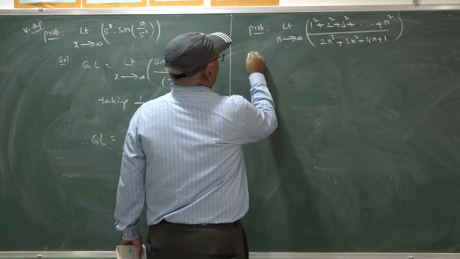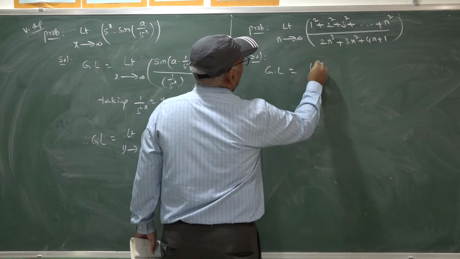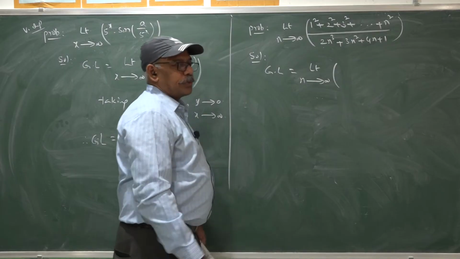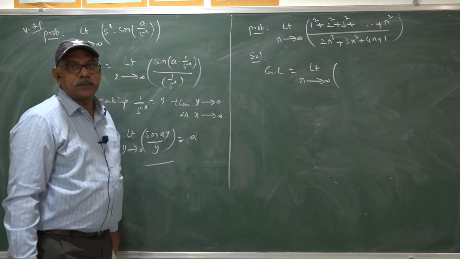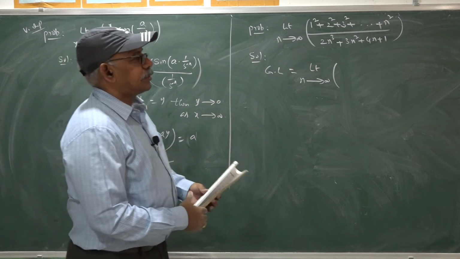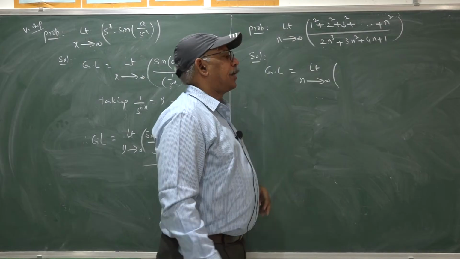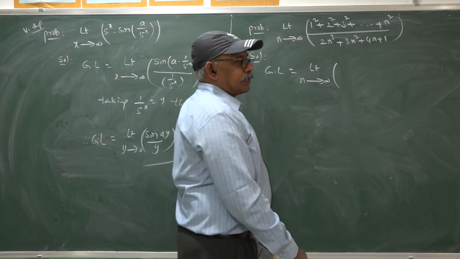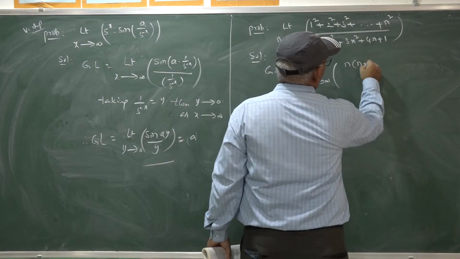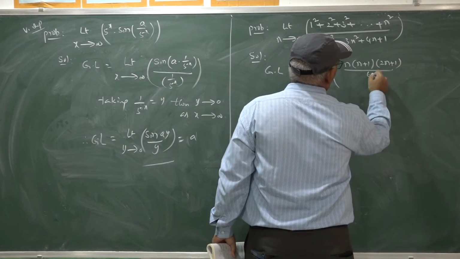We know that the numerator, 1 square plus 2 square plus 3 square up to n square, is the sum of the squares of the first n natural numbers. The sum of the squares of the first n natural numbers is given by n(n + 1)(2n + 1) by 6. This is our formula.